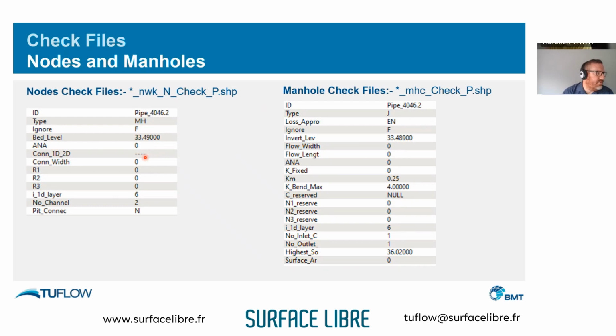It'll give you any additional storage. The manhole check file will tell you what loss approach is being used, what the invert level is. It'll give you any parameters that have been assigned to it. So if you want to set up just a pure pipe network without any nodes and you want to double check that manholes have been generated, then this manhole check file is really useful.